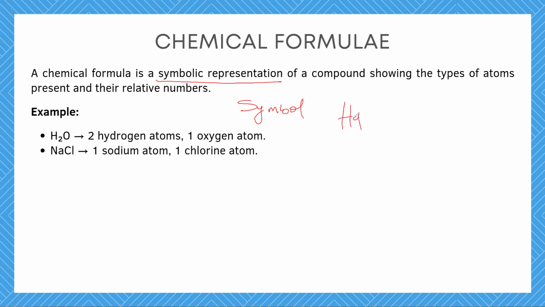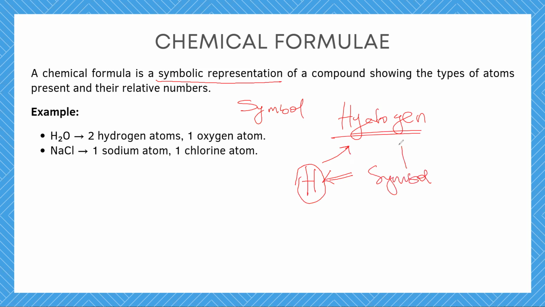For instance, we have hydrogen. Instead of writing hydrogen fully, A to Z, in chemistry, we just simply use the symbol H. So whenever a scientist sees this letter H, he already knows that you're referring to this element called hydrogen. In other words, the letter H is a symbol for hydrogen. Do you understand that? Yeah. Beautiful.